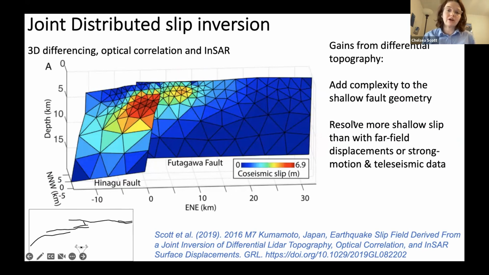First, based on the high resolution near fault displacements, we can add complexity to the shallow fault geometry. And so there are subtle bends in the fault geometry just below the surface. And we can also resolve more shallow slip than from far field displacements, for example, from InSAR or optical correlation, as well as from strong motion and teleseismic data.